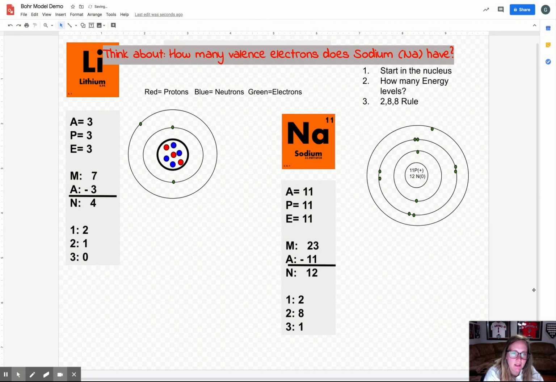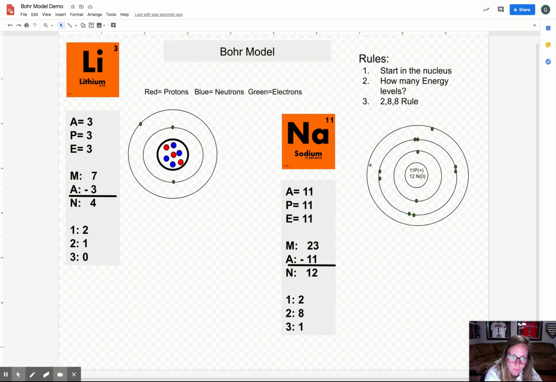All right, and so that is what my Bohr diagram for sodium looks like. This really simplifies things for you so that you know how many electrons to put in each energy level, rather than just counting and illustrating as you go. It also allows you to double check yourself. You need to have 11 total.